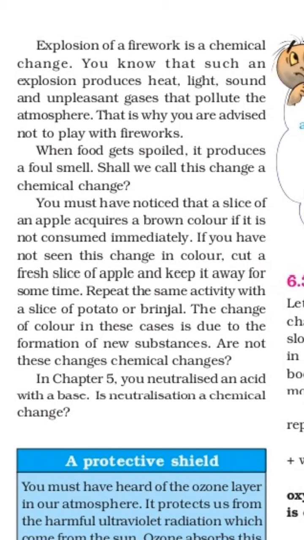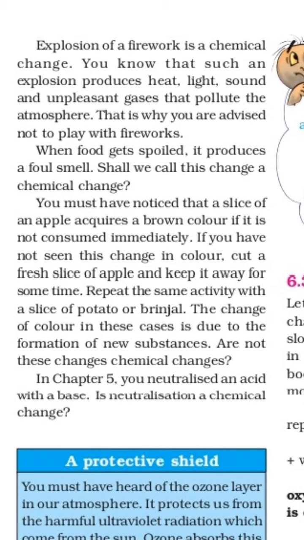You must have noticed that a slice of an apple acquires a brown color if it is not consumed immediately. When we cut an apple and keep that slice for half an hour or 1 hour, we can see that a brown color appears on that slice of apple. Why? Because of the chemical change.